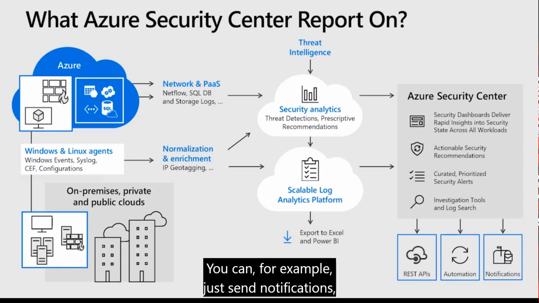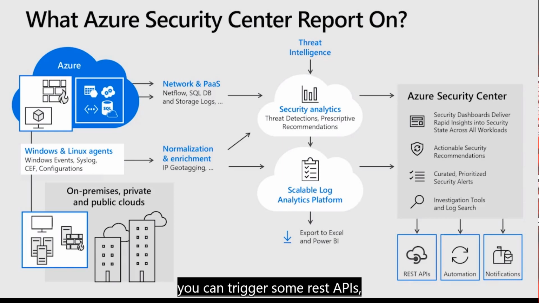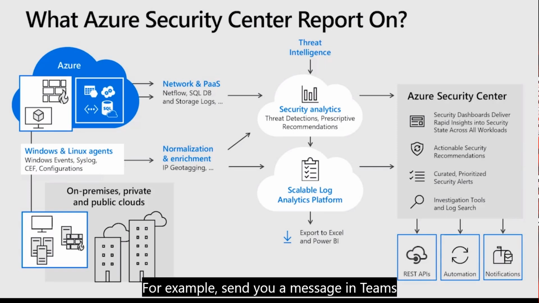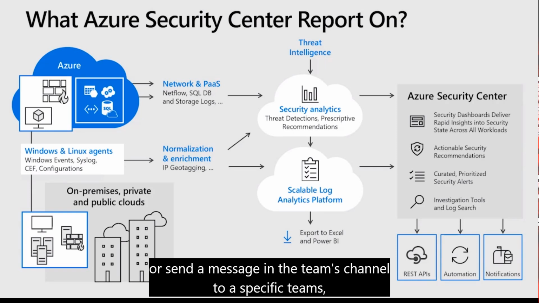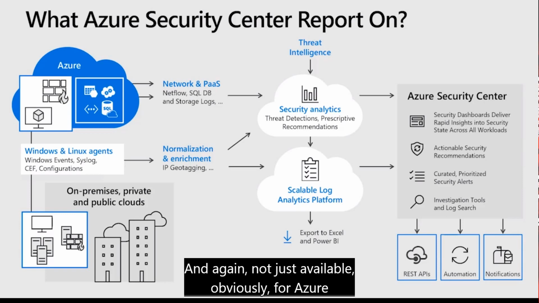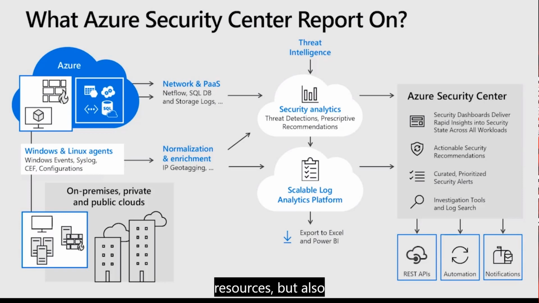Like you can then, for example, just send notifications. You can trigger some REST APIs or build your own automation to actually do whatever you need to do. For example, send you a message in Teams or send a message in a Teams channel to a specific team so they can take action on it. So pretty cool stuff. And again, not just available obviously for Azure resources, but also for hybrid resources as well.